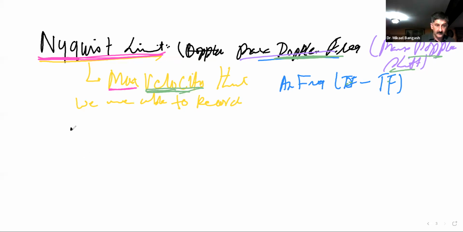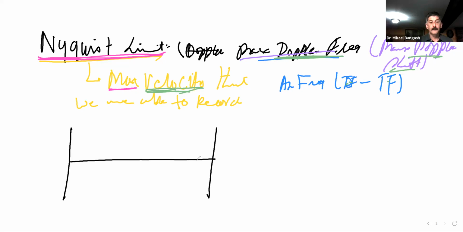That's why, the other day when we did spectral Doppler, for instance, we said this one here was your baseline, and we already know that that's going to be representing a Doppler shift of 0. Did that make sense?